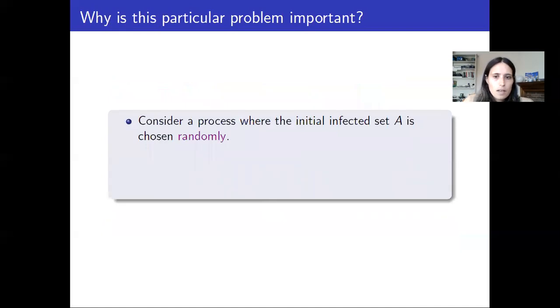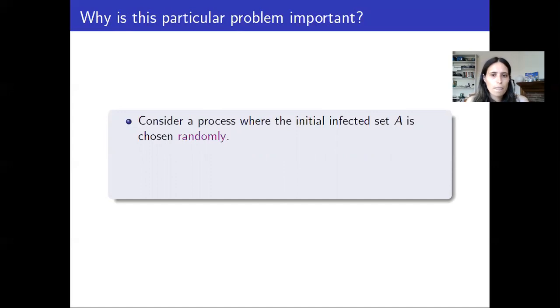Well, it's because people want to understand the random process. So far we've said, okay, we're going to pick some initial set of infected vertices and see what happens. But people are very interested in trying to understand, suppose you've got some network and you start by infecting each vertex with a particular probability. So for each vertex, toss a coin. If the coin is heads, the vertex becomes infected. If the coin is tails, the vertex does not become infected.